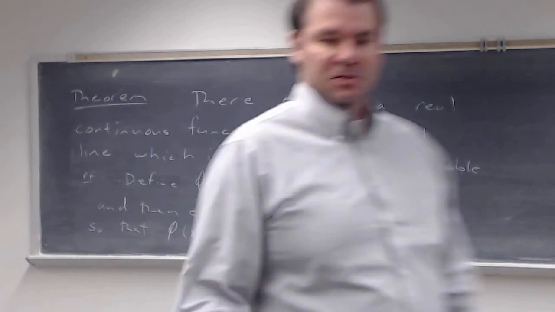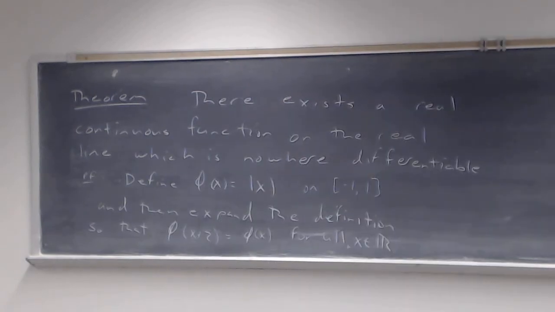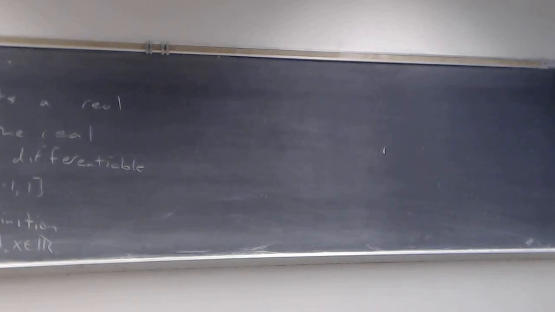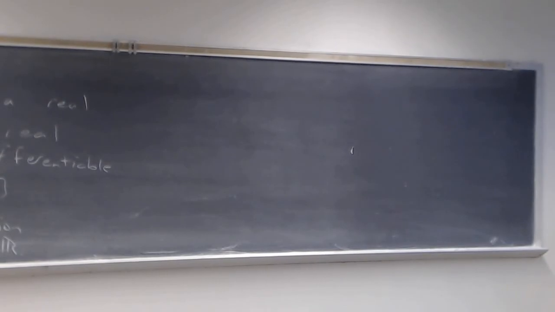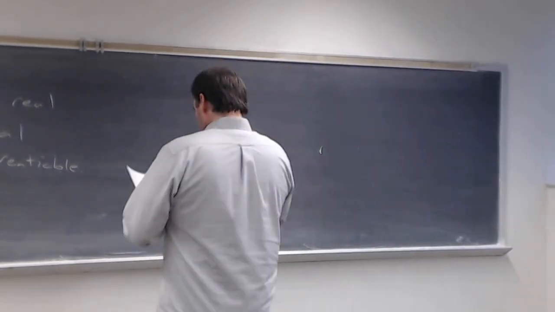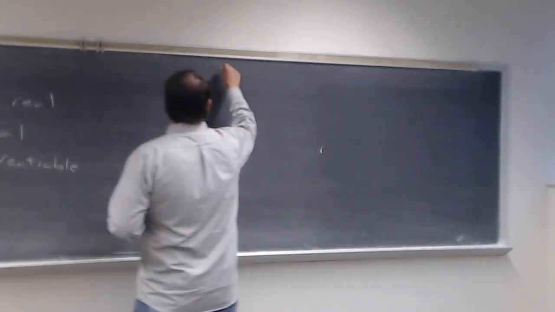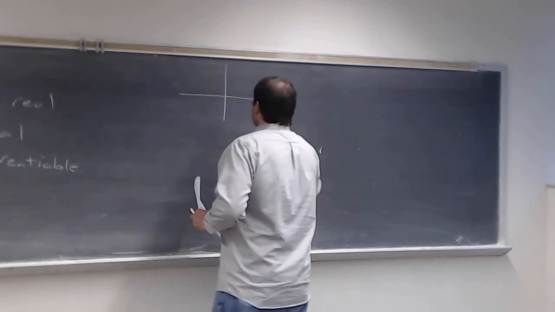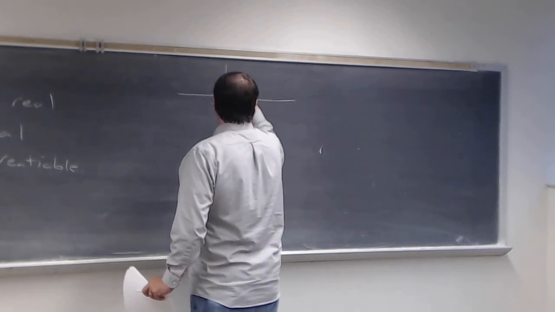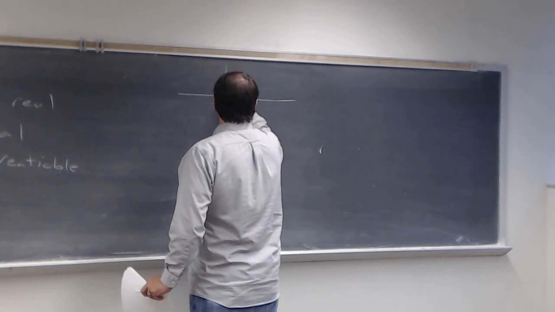What does this function look like? Let's take a look at its graph. Okay, so its graph looks like this. So -1, 1, that's 0, we have 1 here. This is what it looks like.